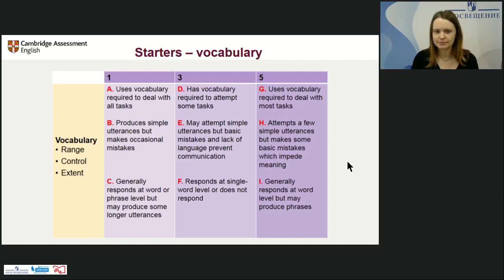So if you've just joined, please put the criteria into the correct column. Okay. Again, you can write it in the chat or just try to put them and we will see.